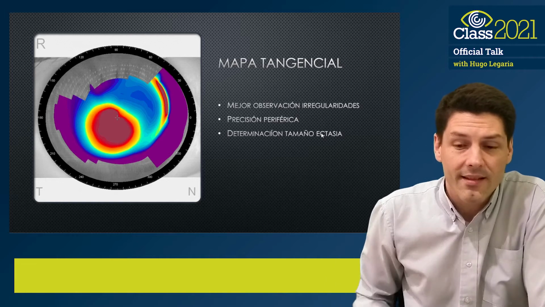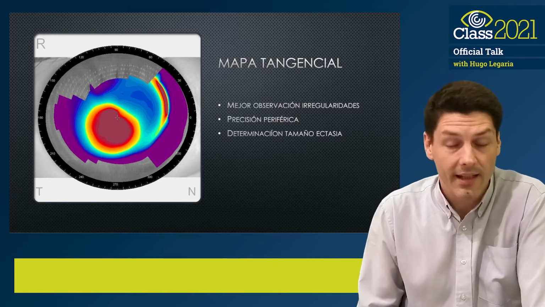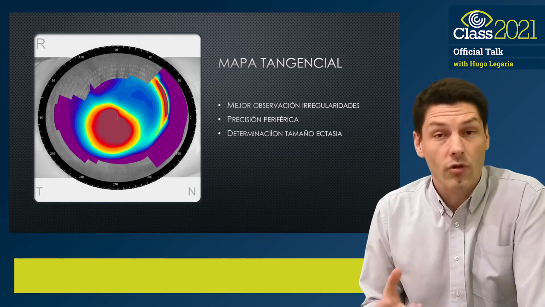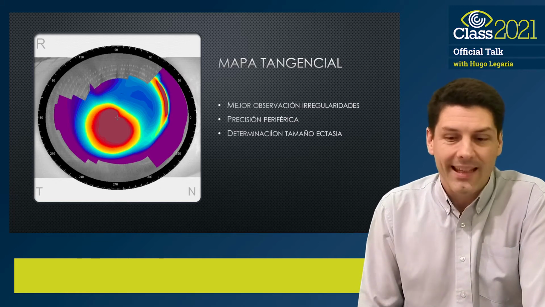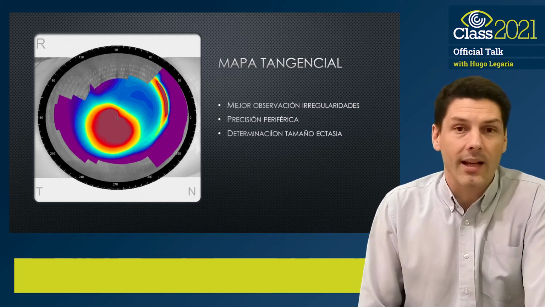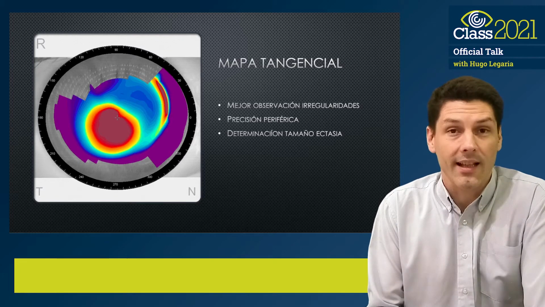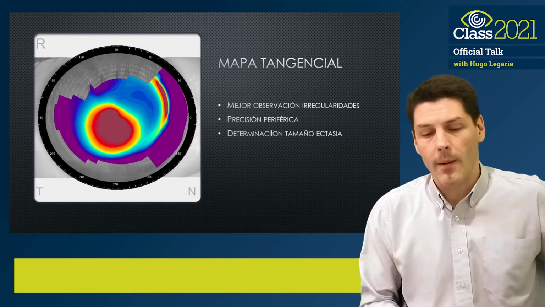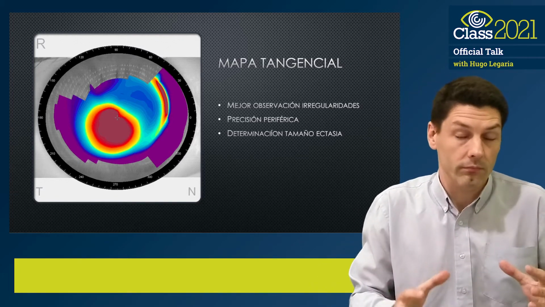On a tangential map, we obtain better observation of irregularities, more precision in the peripheral area, and it is also very useful to determine the size of an ectasia. Many times in the axial map, everything is seen in red.